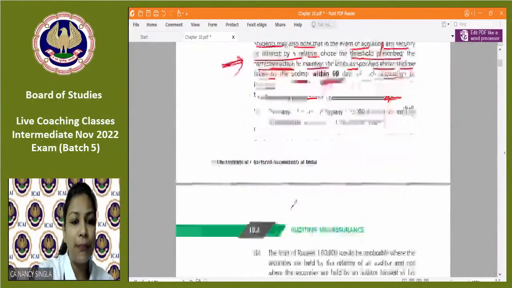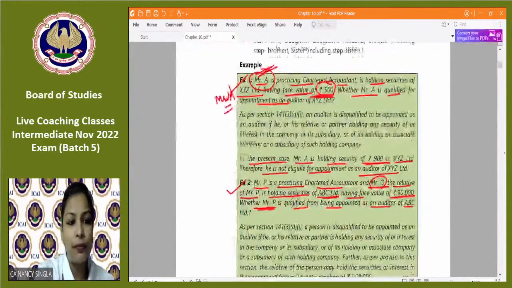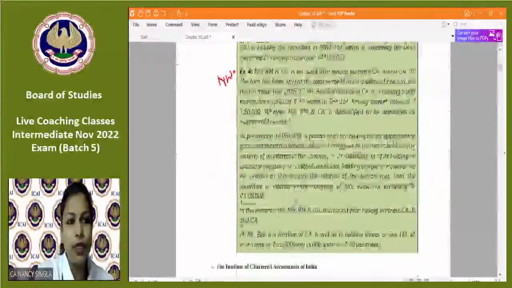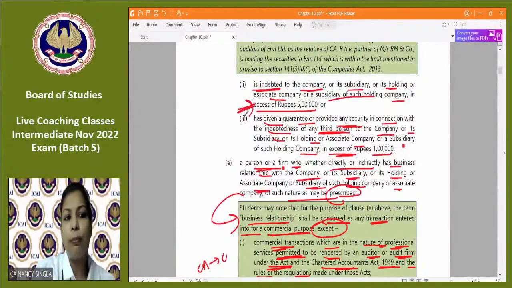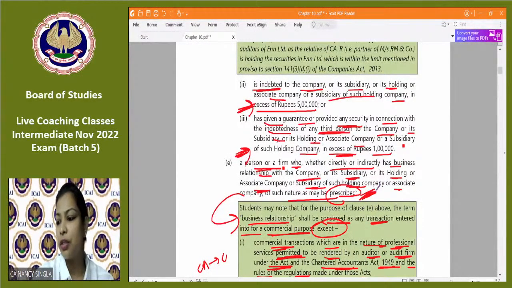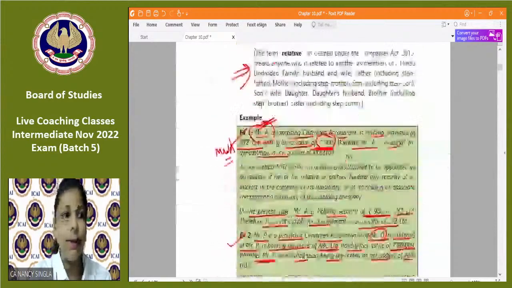जैसे for example, just a minute. This rupees 5 lakhs is given in rule 10. Rupees 1 lakh is given in rule 10. ये है ना as may be prescribed, business relationship, rule 10. ठीक है? Clear?